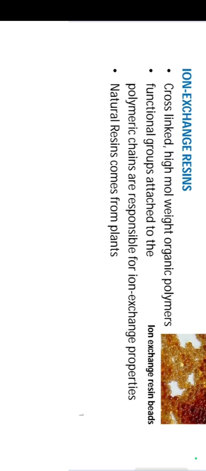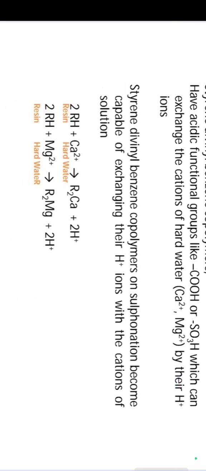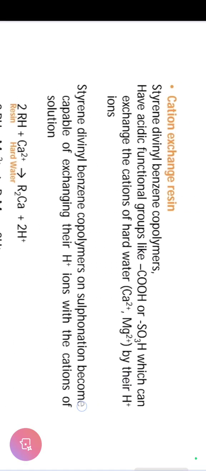The functional groups attached to the chains are responsible for the ion exchanging properties. It has two types. First one is cation exchange resin, also called cation exchanger. Second one is anion exchange resin, also called anion exchanger.